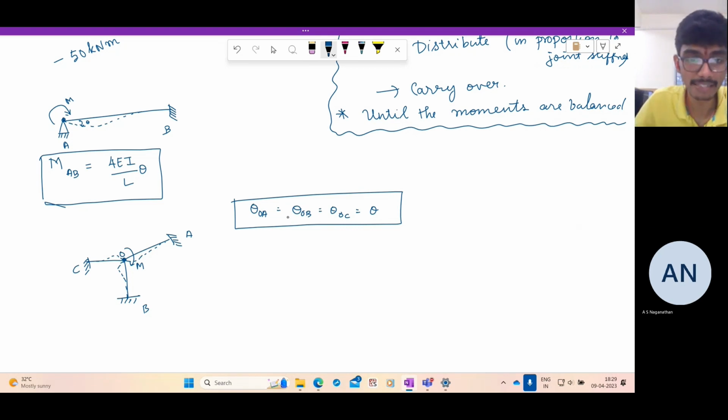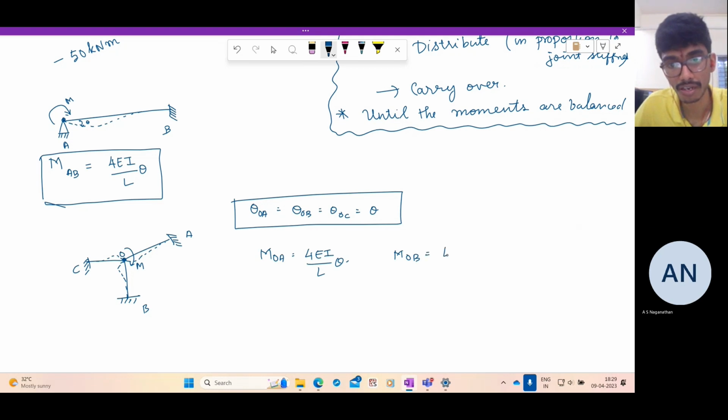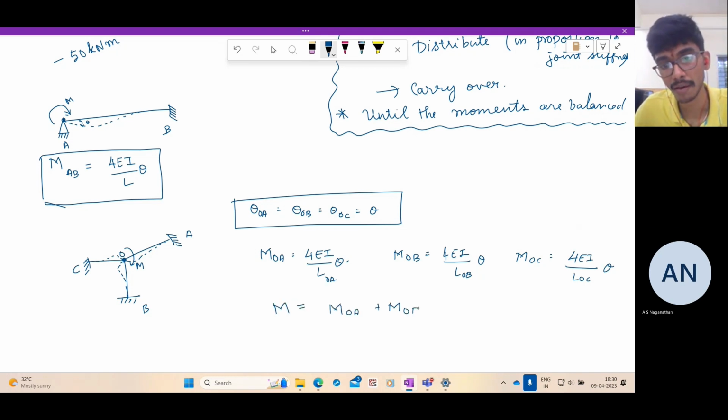But what are the moments that are generated? We get MOA equal to 4EI by LOA theta, MOB equal to 4EI by LOB theta, and MOC equal to 4EI by LOC theta. These moments all act at the same point, so we can sum them up as M equal to MOA plus MOB plus MOC.